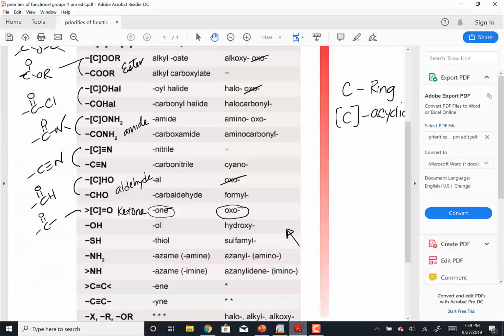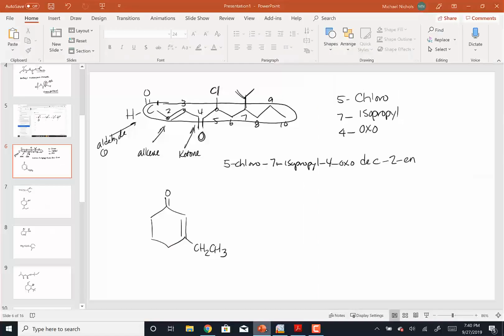Going back to my chart, aldehydes have an AL suffix when they are the highest priority, which it is. And so I do not have to number this 1. Sorry, dec-2-en-al, because the aldehyde automatically gets the number 1 position.